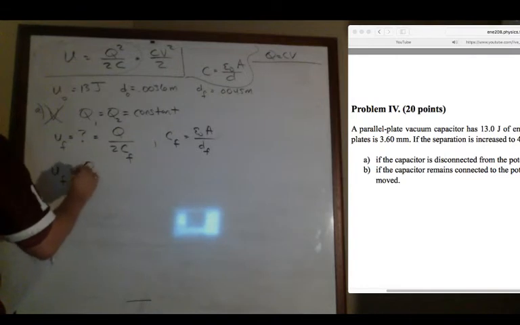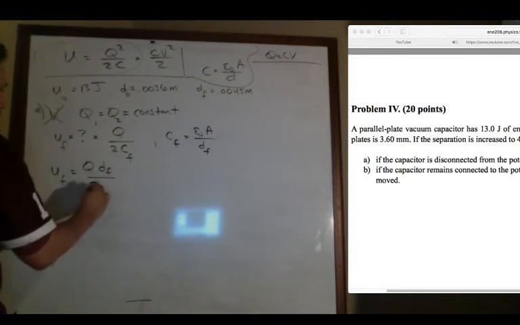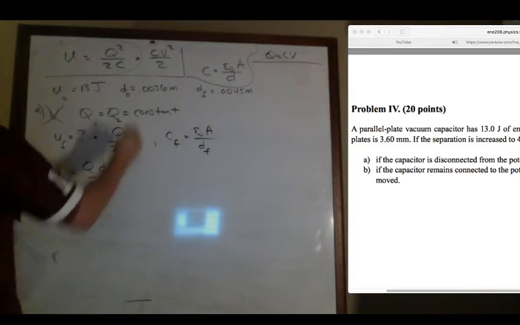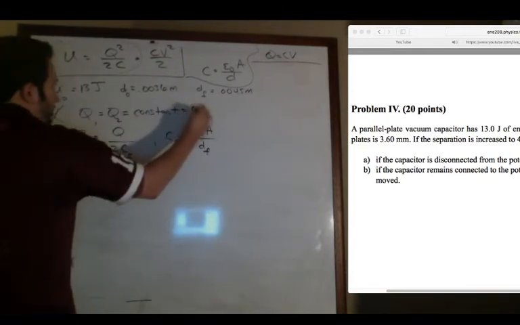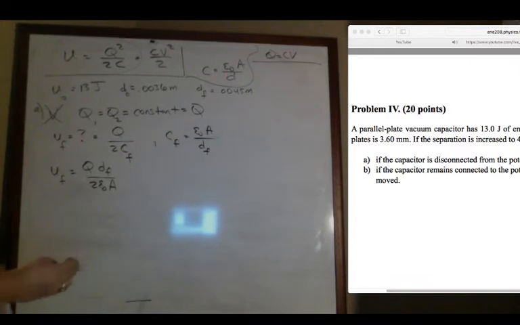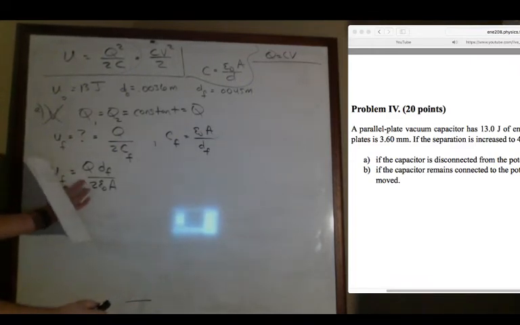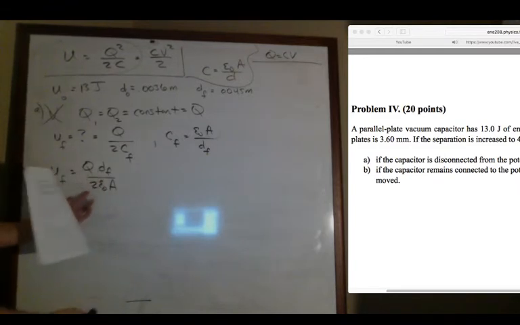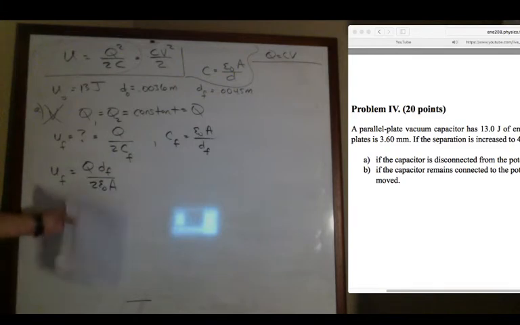So UF is going to be Q squared dF over 2 epsilon naught A. Like I said, Q1, Q2, all those charges are going to be the same. It's your voltage that changed, your charge didn't. I don't know what A is.